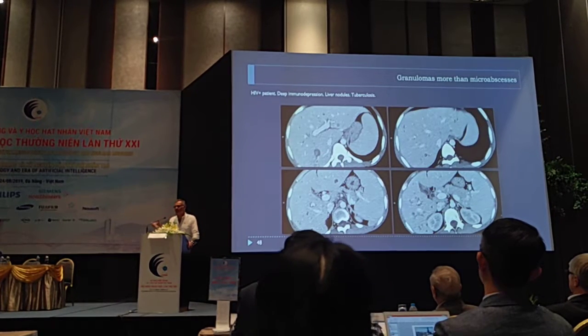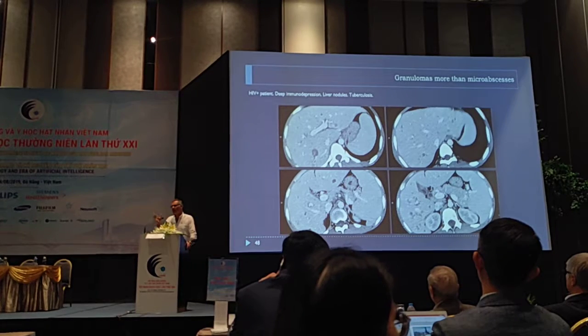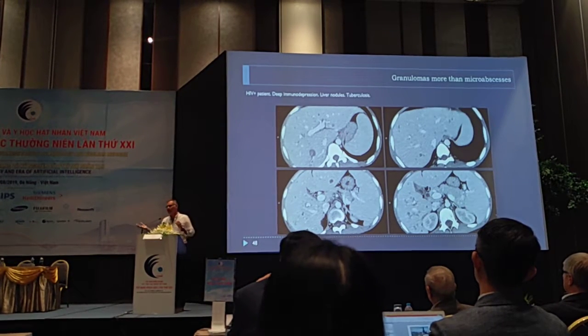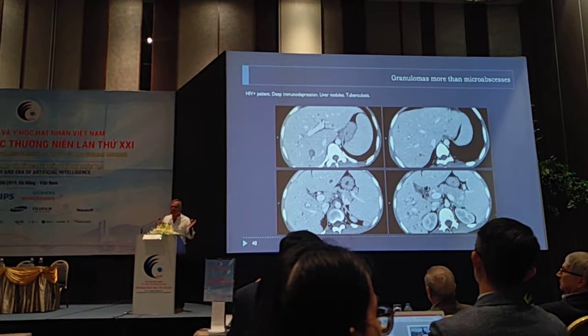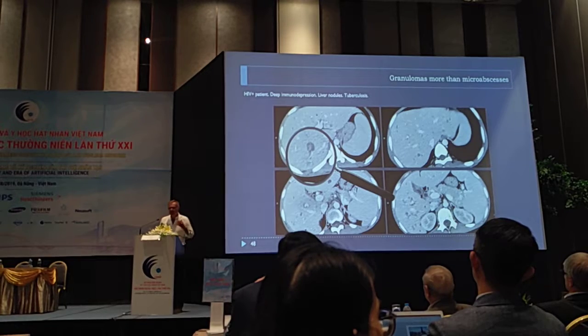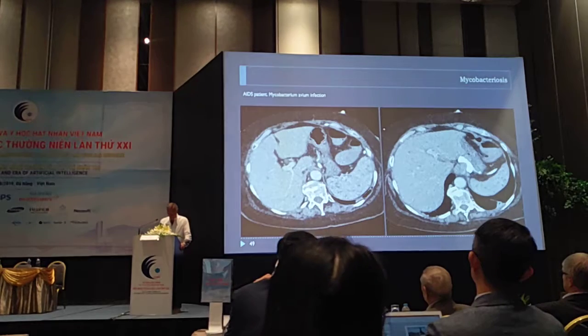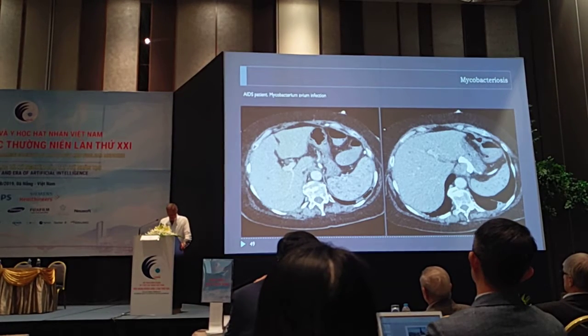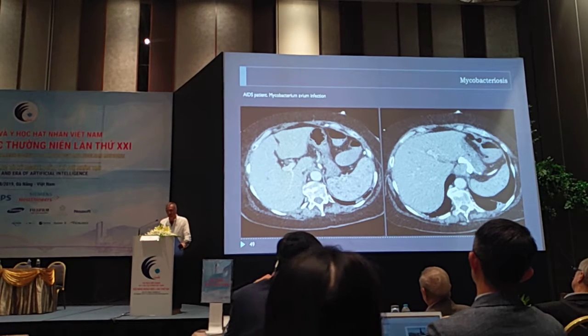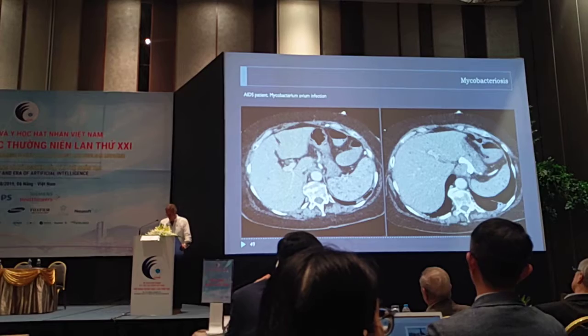Is it tuberculosis or mycobacteriosis? The only clue is to know the status of the patient, either an HIV patient or a patient having received chemotherapy. You see, this pattern is not different from a fungal infection. Again, one other case, an AIDS patient, mycobacterial infection, manifestation in the liver and in the spleen.